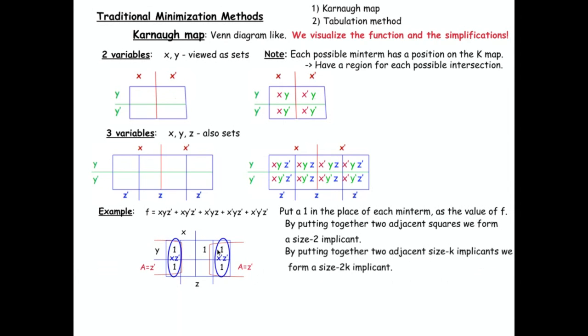And when we put together two of the double ones, individually size 2, together they become size 2 multiplied by 2, or size 4. We will give these implicants names, so this giant one, we'll call it A. And A is equal to complement of Z, and that's going to be one of the very much reduced terms to express this function.